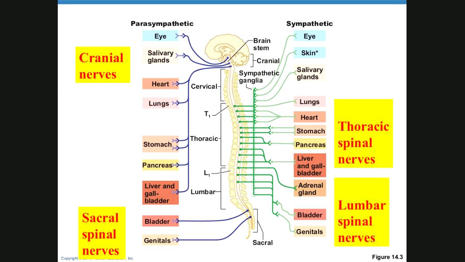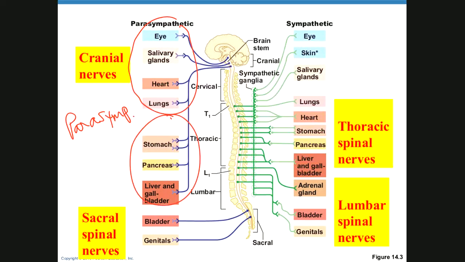Turns out parasympathetic nerves are either cranial nerves or sacral nerves. There's a small group of cranial nerves which are parasympathetic. They relay parasympathetic information, and you should definitely know those nerves. They're in chapter 13, and we'll go ahead and review them today.